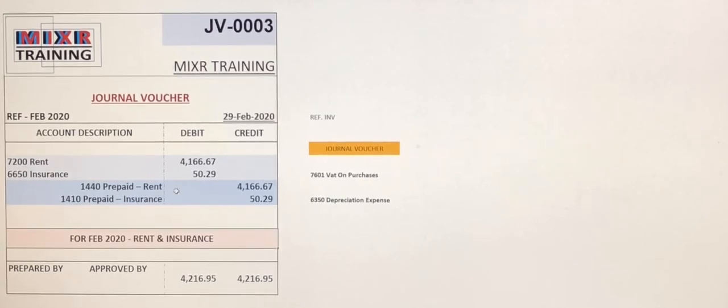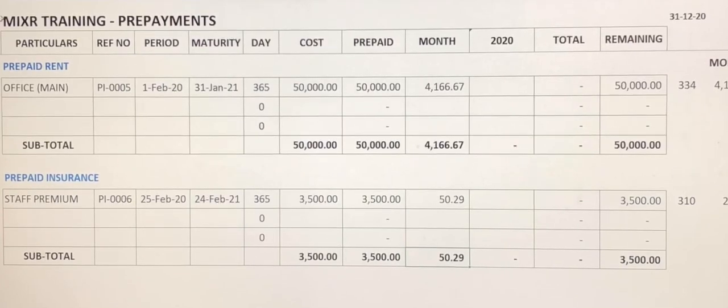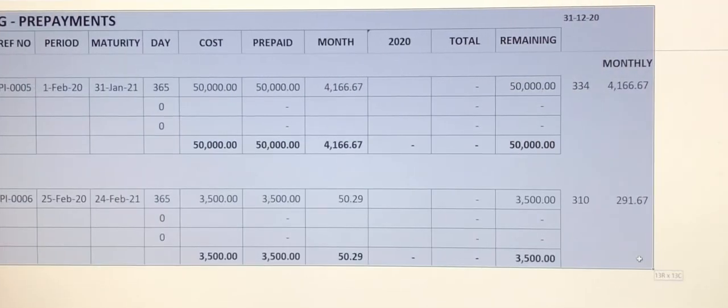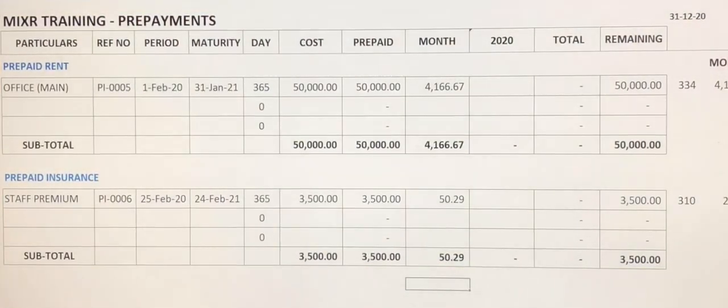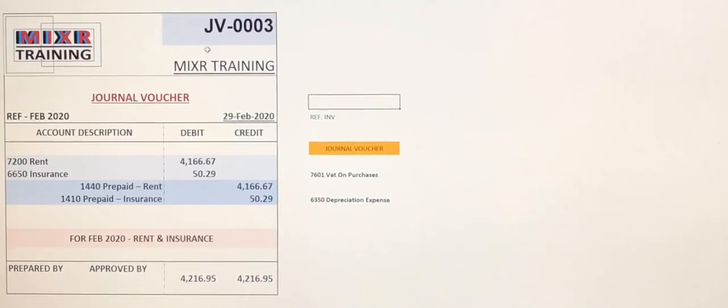So again, we're going to print this, and you're going to print this also. Just from here until here you can print this part, and you will attach that to the printout coming from here.